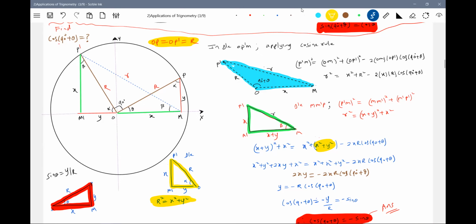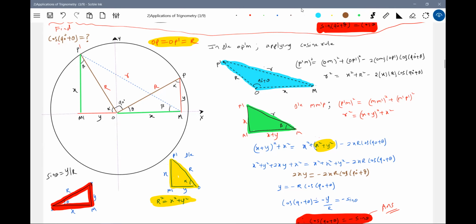Can you remember what we did just now? The same set of things I'm going to apply here. Let me shade this triangle so it's easy for you to look at. I'll say green triangle, look at the green triangle. I say blue triangle, look at the blue triangle.